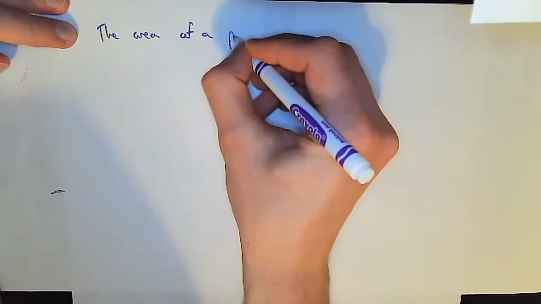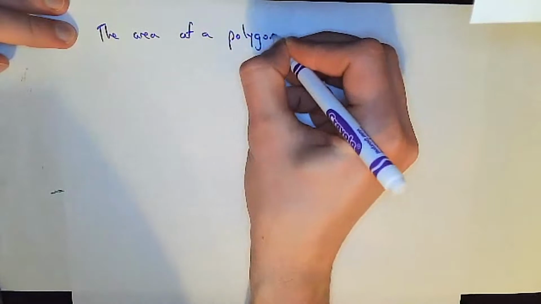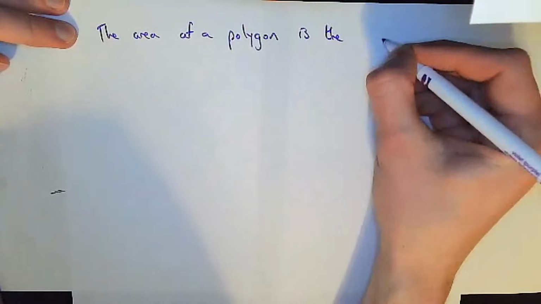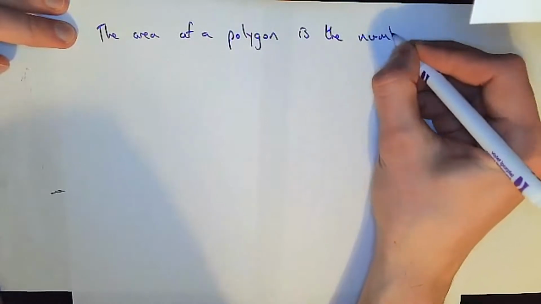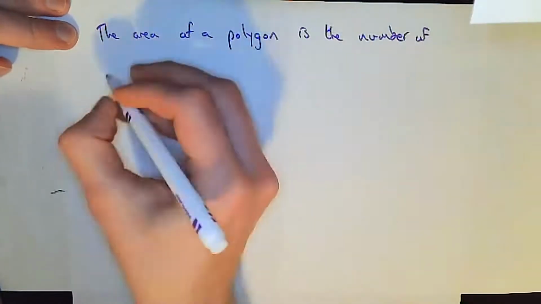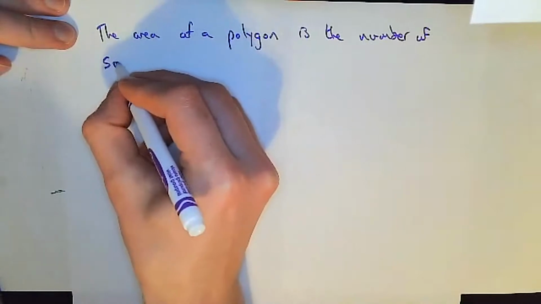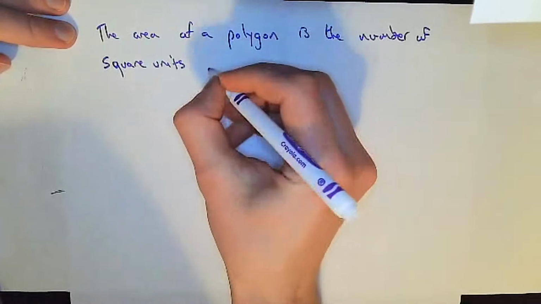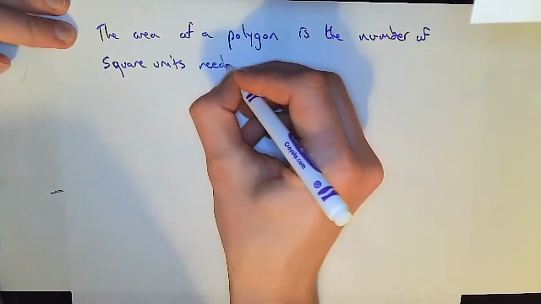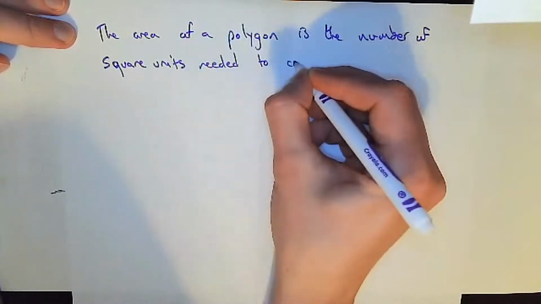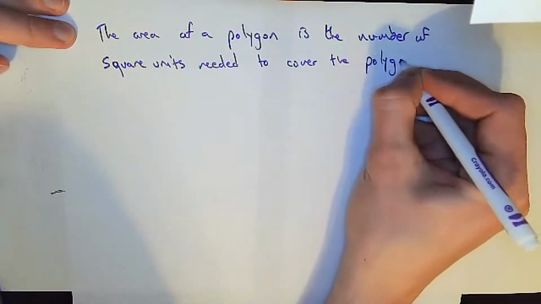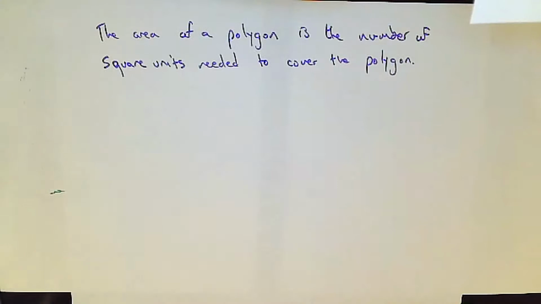The area of a polygon is the number of square units needed to cover the polygon.